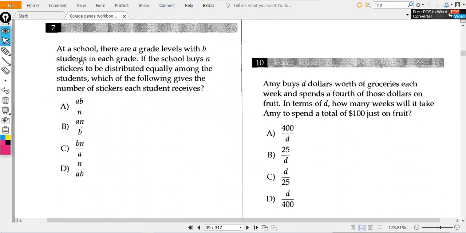Again, try to do it on your own. Please try to do it, and when you find the answer, write it in the chat.